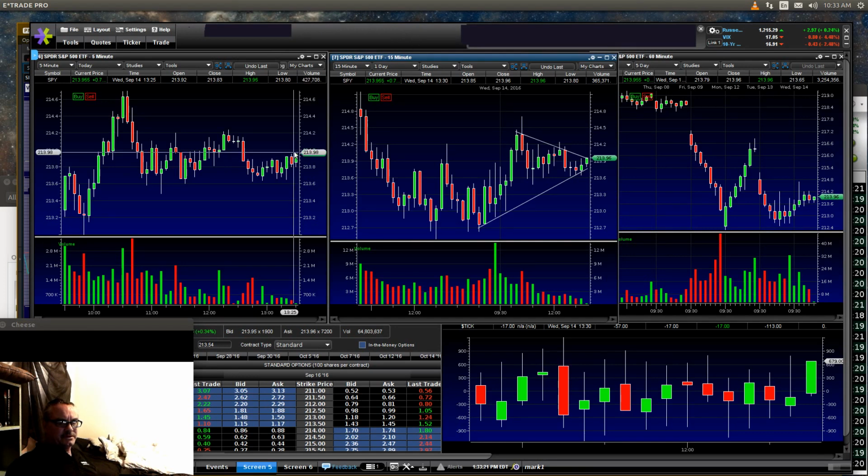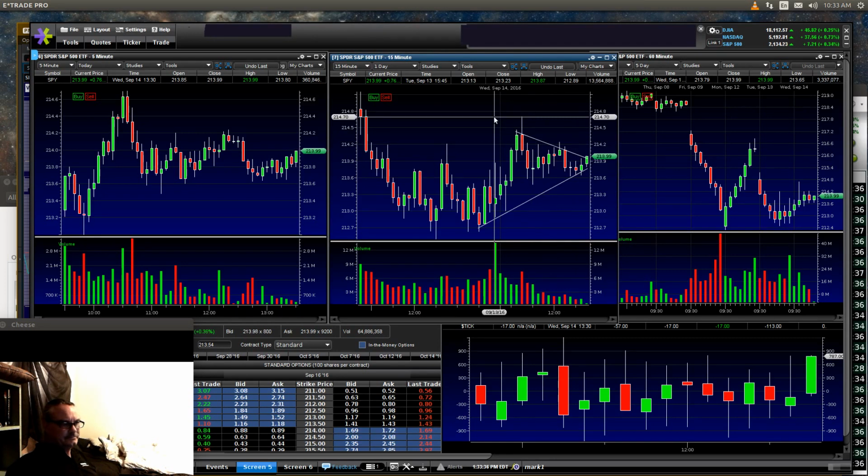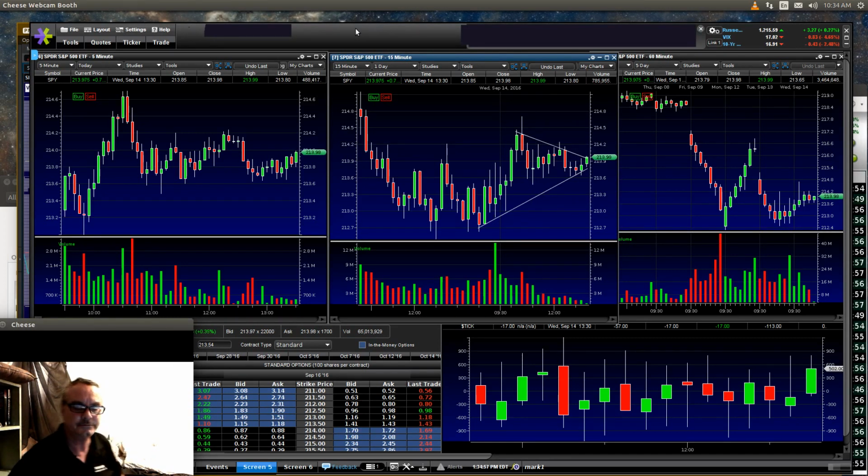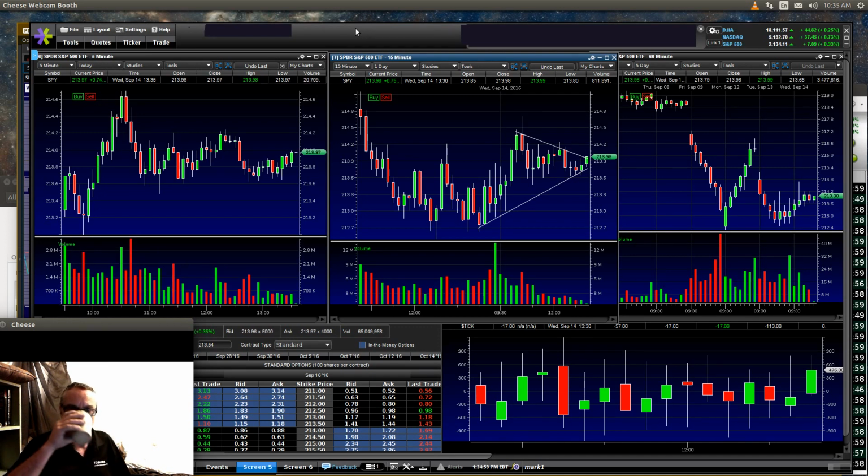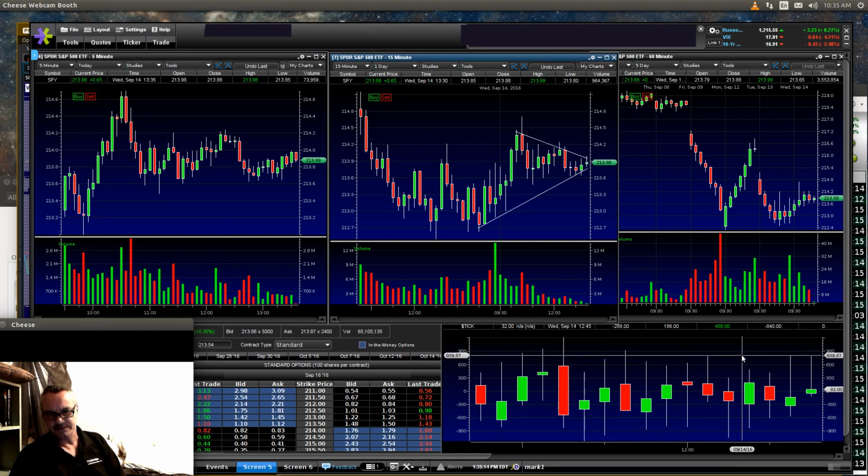The 5 minute market is moving higher on lower volume, and now it's poking above my upper trend line here on the 15 minute, again with no volume to speak of. Is that a higher tick? Not really.